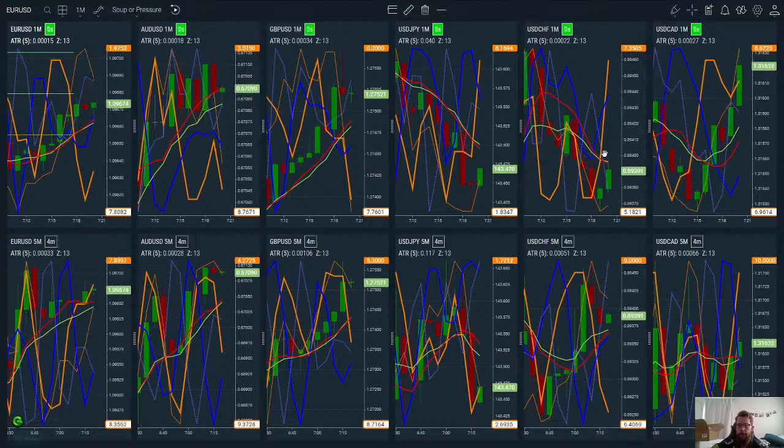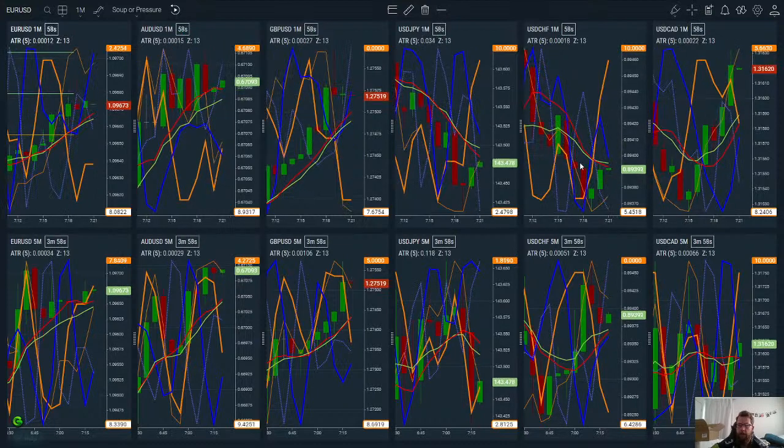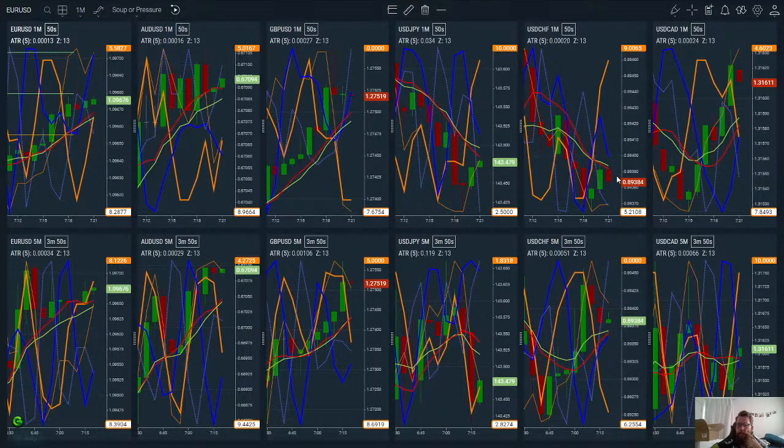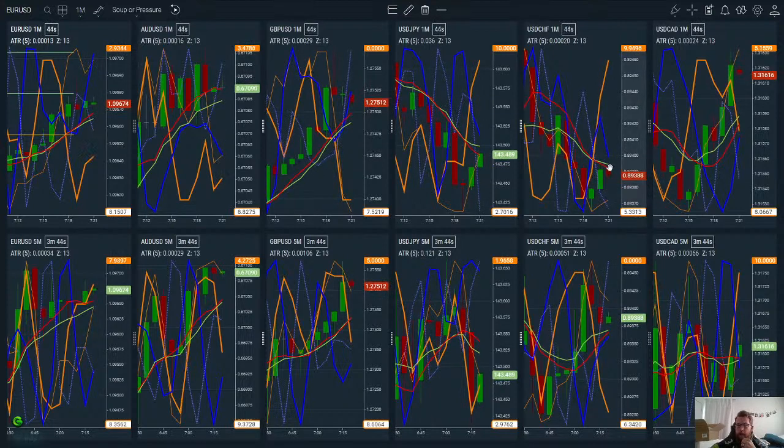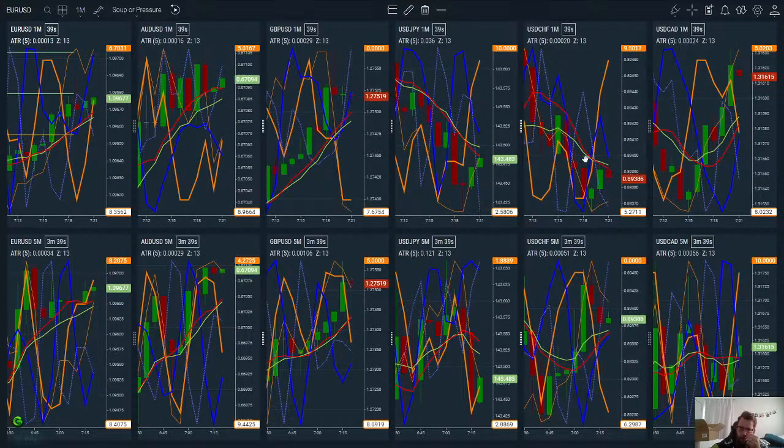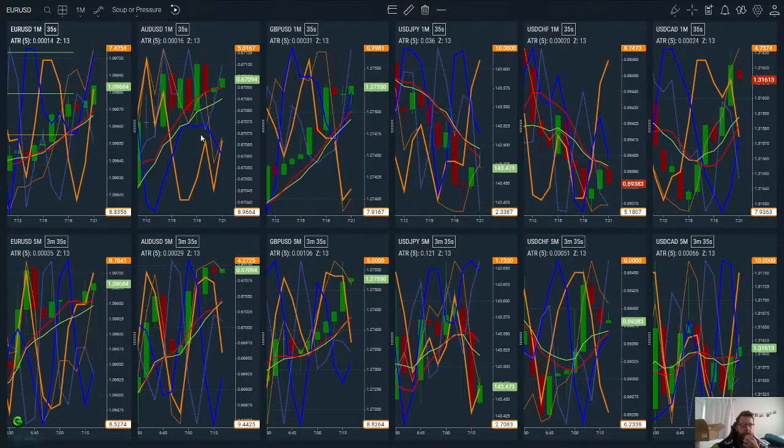So we're kind of looking for a good entry. What a good entry looks like is on the pressure, green bar, or sorry, green line on top with both pointing up is ideal, with the price action closing above it. And that could be a possible buy entry.